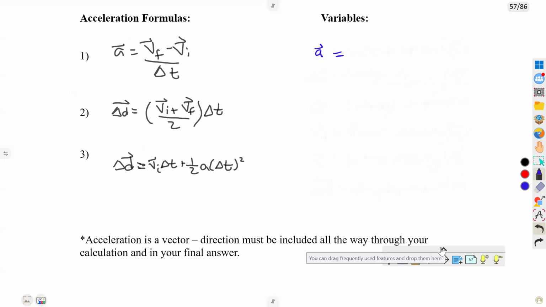In our acceleration formulas, acceleration can be used in a few different ways. But for these calculations that you're going to be doing, again, it's important that we know what variables we are given and what units we're going to be using.